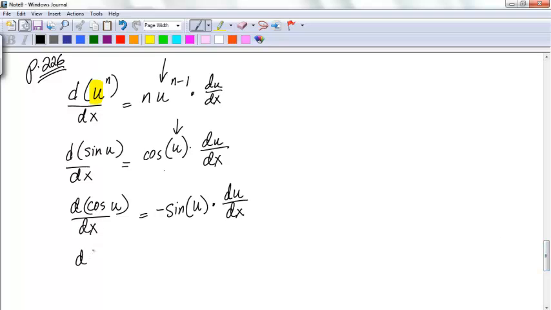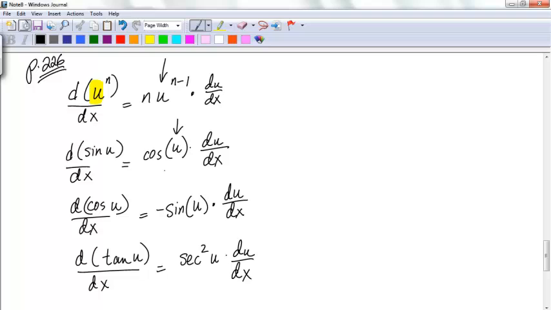And then the derivative of tangent of u with respect to x. It's secant squared u and then times the derivative of the angle with respect to x. Okay. And then the reciprocal, remember, they don't have them in the right order. I'm going to change the order up a minute.